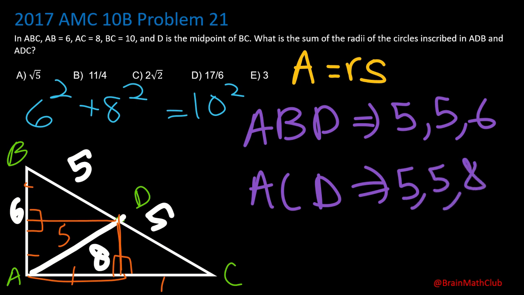Now the semiperimeter of ABD is just 8. That's S, and for this one, it is 9.